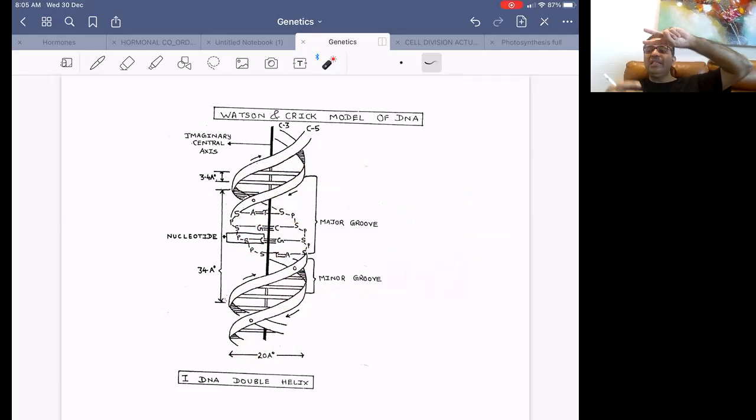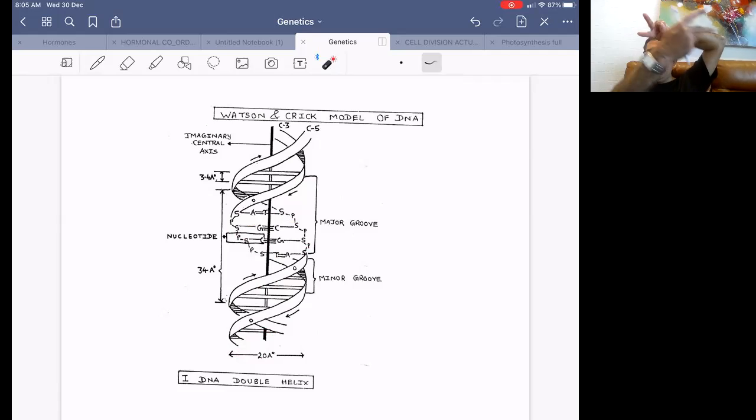And now ध्यान से यहां से लेके यहां, check this here. This is one double coil.